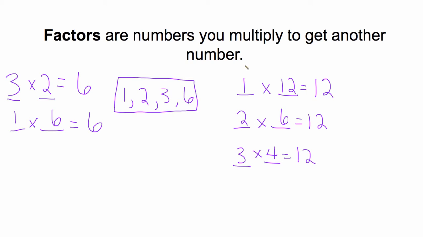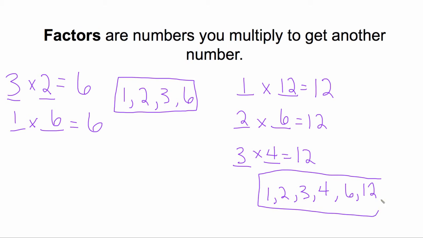So the factors for 12 would be 1, 2, 3, 4, 6, and 12. So 12 actually has 6 factors. We always want to make sure we put our factors in order so we know what we're looking at. So I put them in chronological order.